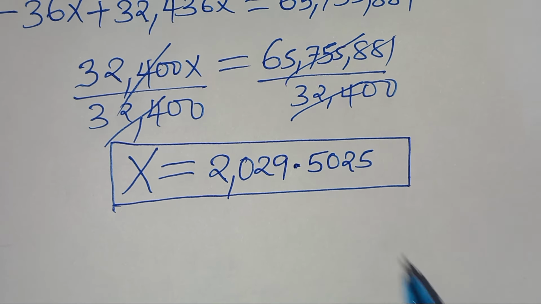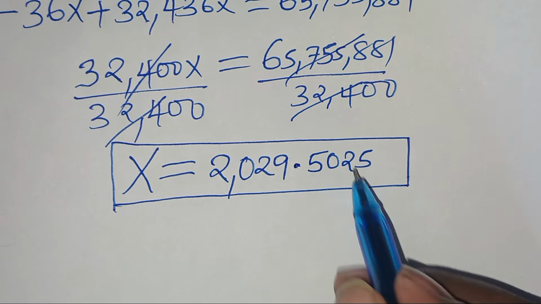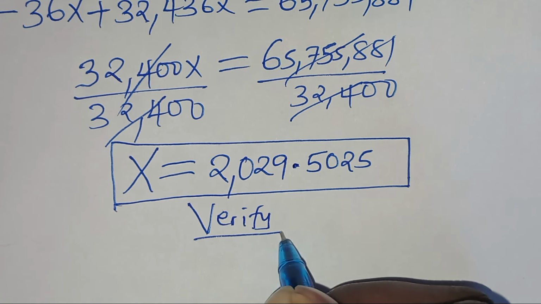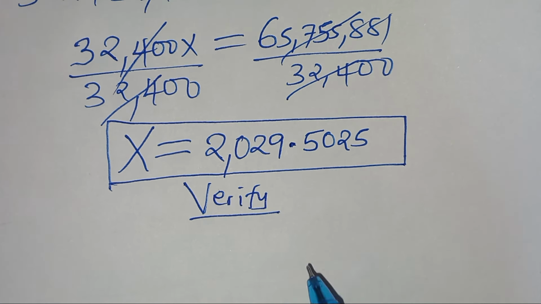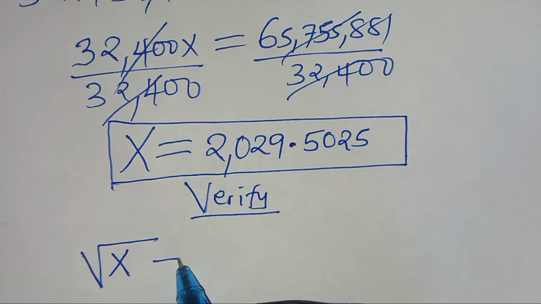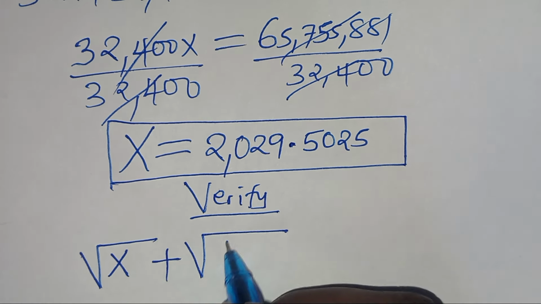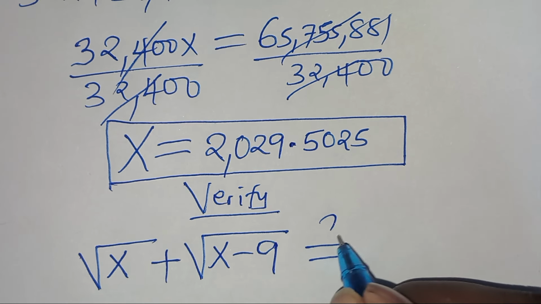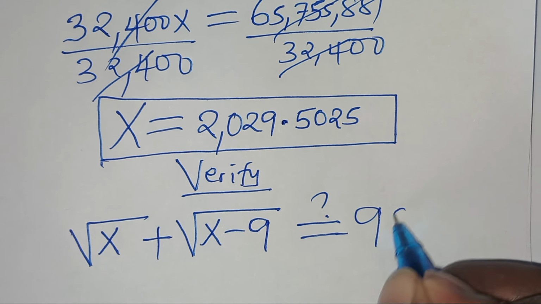The next step from here, let's verify that this value of x satisfies the equation. If you recall, the square root of x plus the square root of x minus 9 is supposed to give us a value of 90.